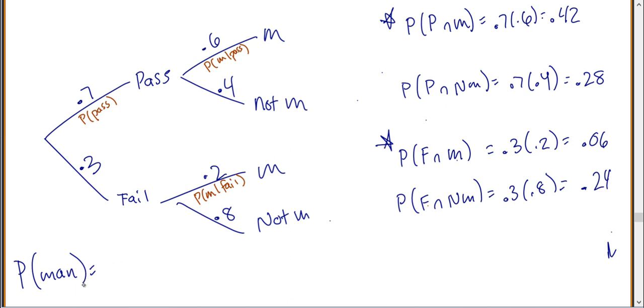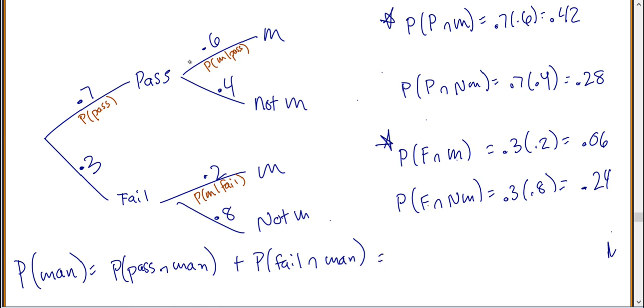Or if you prefer, we could write it out. The probability of management would be the probability of pass and management plus the probability of fail and management. That's the official way, but you might not remember this formula. This is our law of total probability that we learned about a few sections ago, but you probably don't remember it, which is what makes the tree diagram easier.